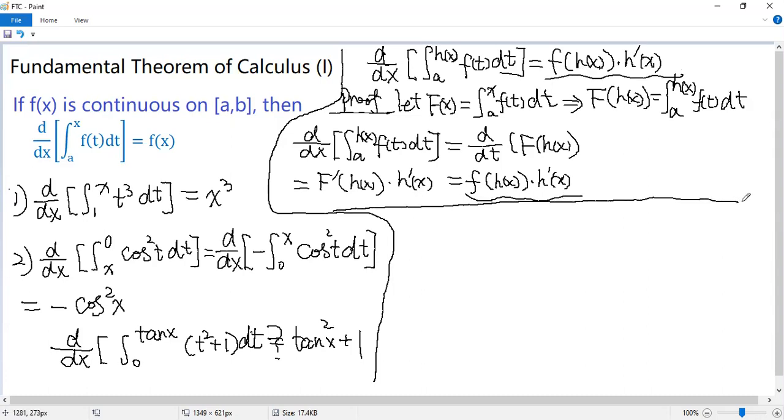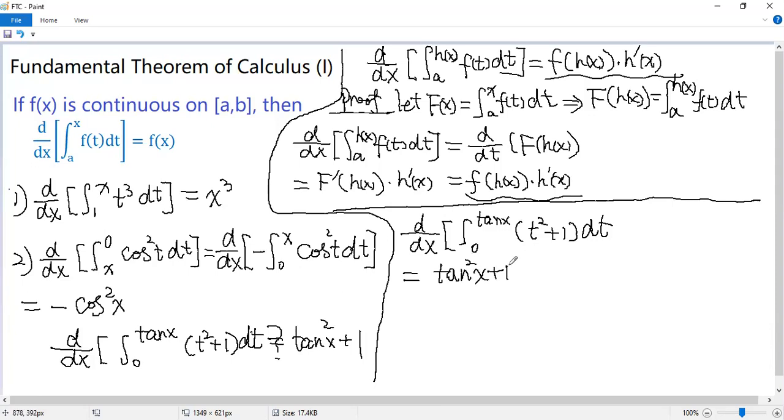Now we can apply this new formula to find this one. The derivative of the integral from 0 to 10x of t squared plus 1 dt. First, we replace t by the upper limit 10x. So we get 10x squared plus 1.